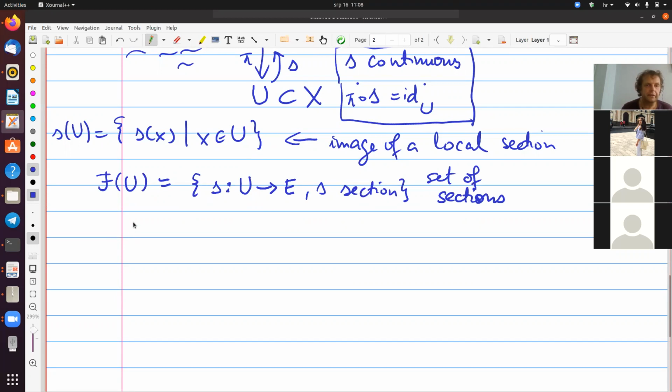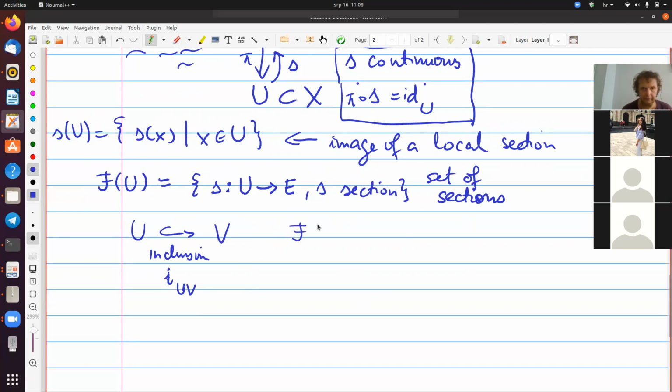So if you have U in V, an inclusion, this inclusion maybe should be called I_UV or I_VU. Let it be I_UV. I think I_UV would be better.